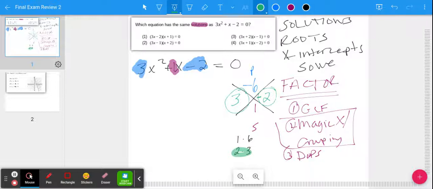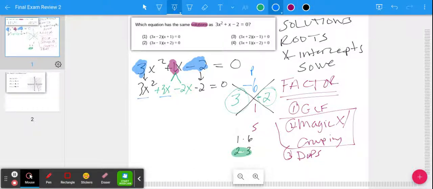Why did we find those? Well, we found our two factors so we can split up this middle term into our positive 3x and our -2x. So now we'll bring down the first term and the last term, the 3x squared and the -2. Now that we have our 4 terms, we're just going to look at the first 2 terms.